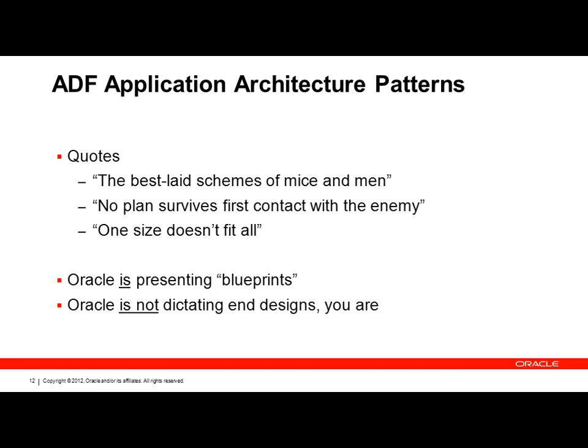In the end, we are just presenting a number of different patterns, and there are patterns beyond this presentation, but a number of different patterns that we want you to consider, to look at the merits of each, to understand, maybe one of these patterns would be good for us and against our particular requirements, and maybe some of the other patterns won't work for us. Ultimately, we're giving you a number of different guidelines, and it's up to you to pick the pattern that matches your requirements going forward.